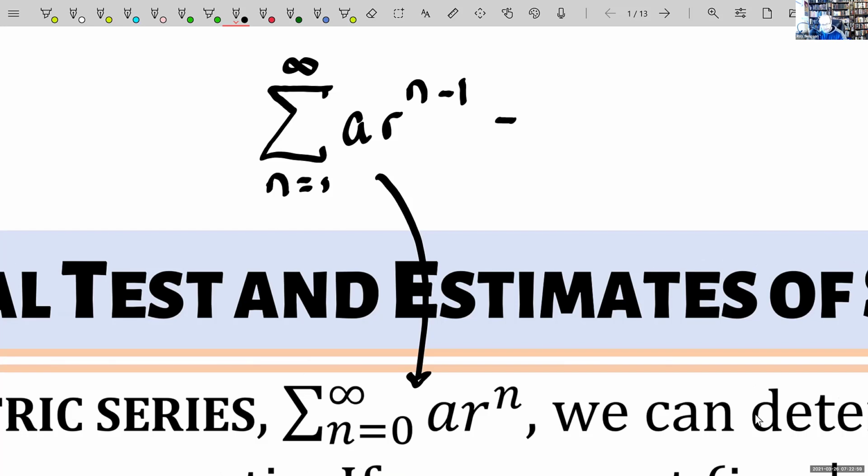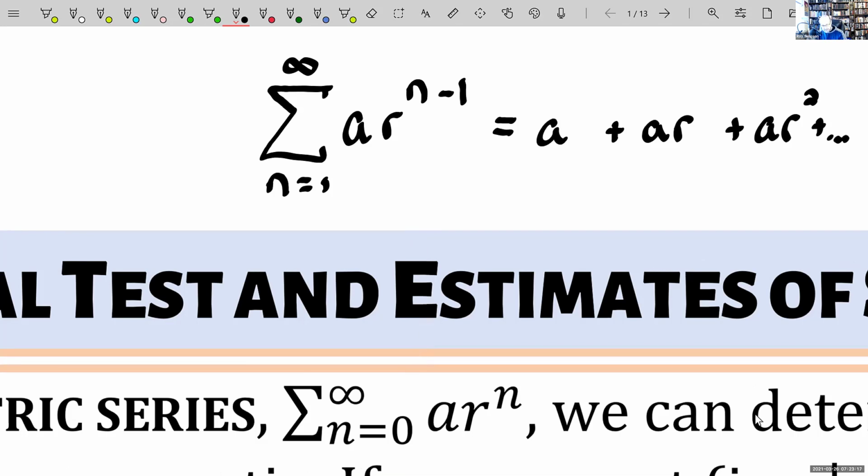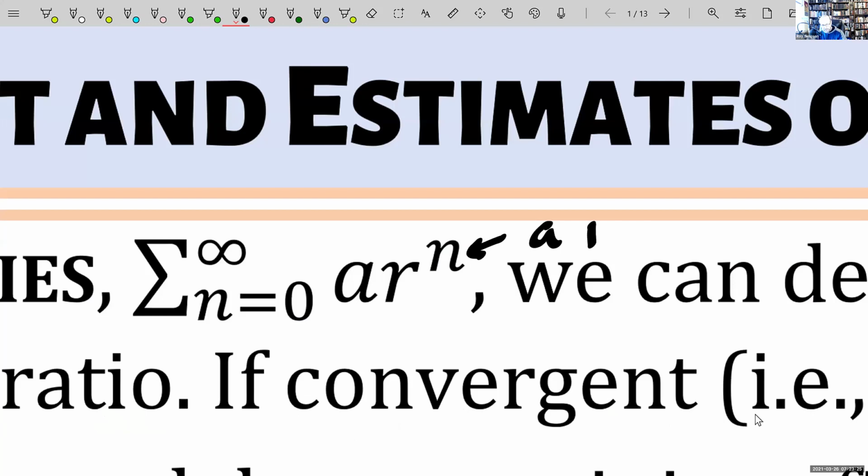If you were to expand this series out, you'd have a times r to the 1 minus 1, or r to the 0th, plus a times r to the 2 minus 1, which is r to the 1st, plus a times r to the 3 minus 1, which is r squared, and so on. Whereas the series down here, if you let n equal 0, you have a times r to the 0th, plus, letting n equal 1, a times r to the 1st, plus, letting n equal 2, and so on.